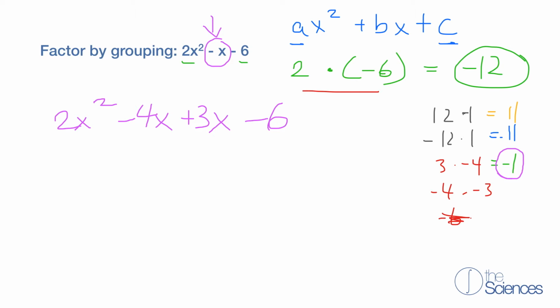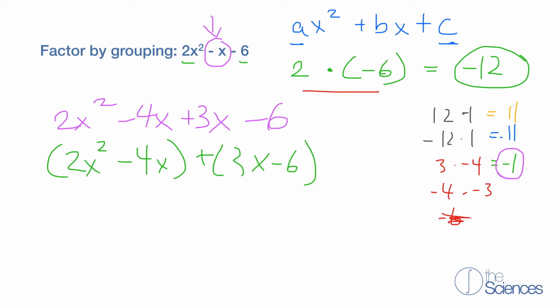We can see that we have an x here and an x here, a multiple of 2 and a multiple of 2, and a multiple of 3 and a multiple of 3. So we're going to group this as 2x squared minus 4x, plus 3x minus 6.